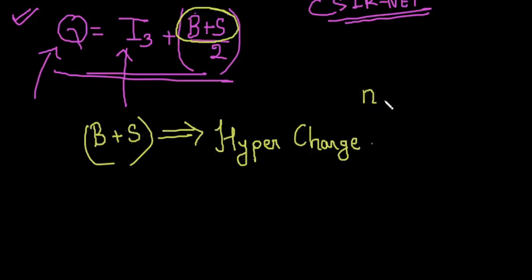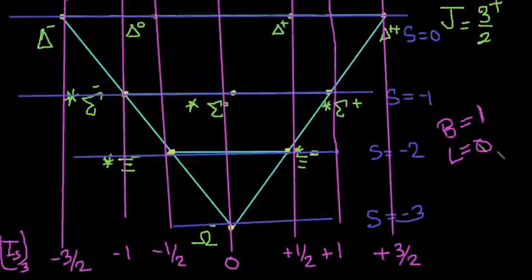Let's say we want to find out the hypercharge of the nucleons, that is neutron and proton. So both are baryons, so B is 1, but they are not strange particles, they have strangeness quantum number 0. So this will be the hypercharge for neutron, and for proton it will also be just 1. You can easily figure it out here.